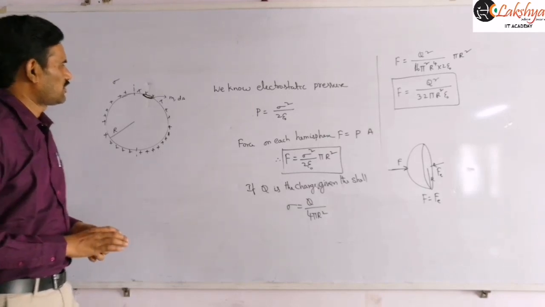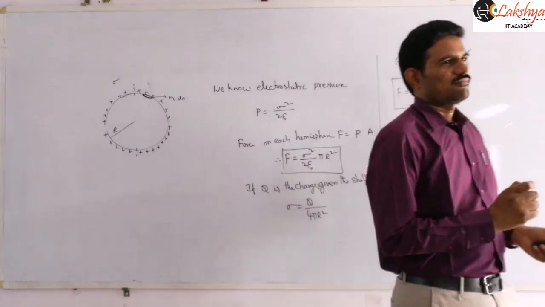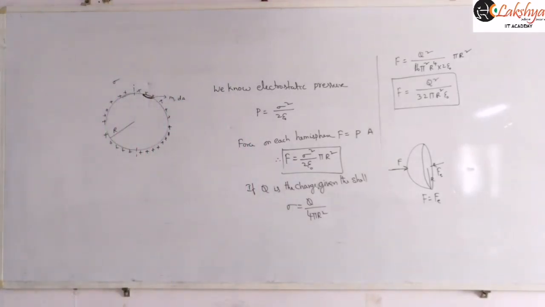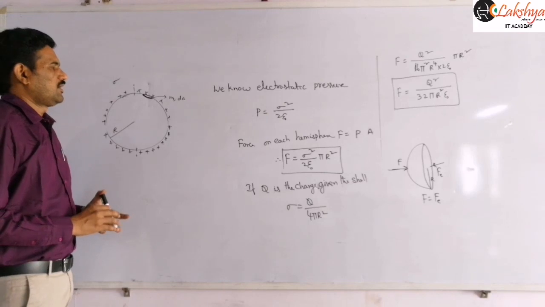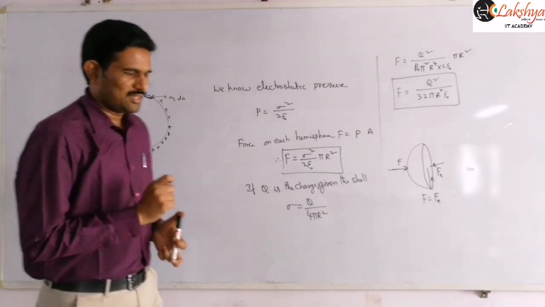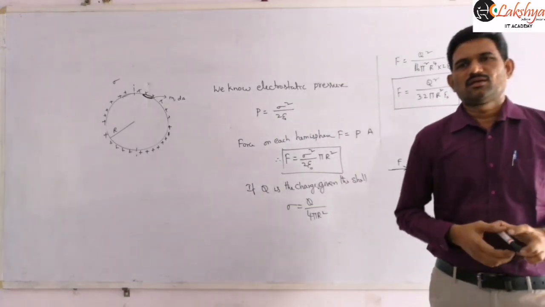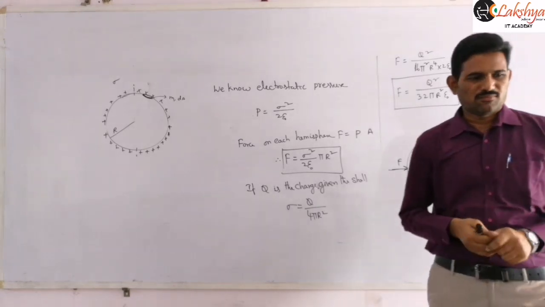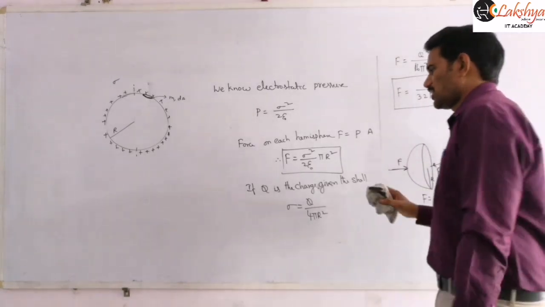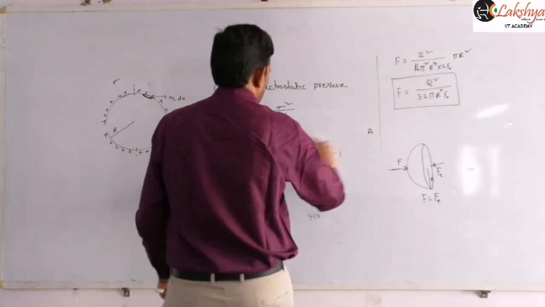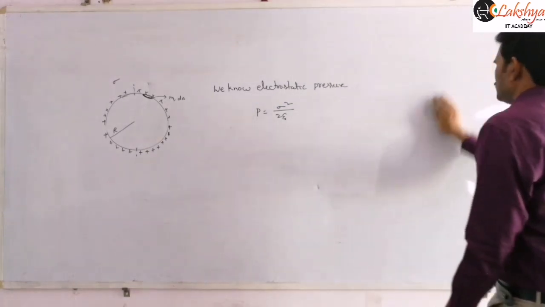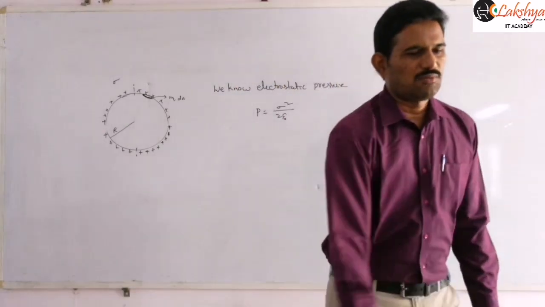From a spherical conductor of radius r having surface charge density sigma, a small part of mass m and area dA suddenly becomes free without affecting the remaining sphere, then find the initial acceleration of the small element.